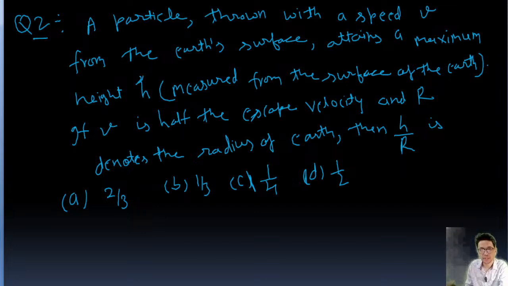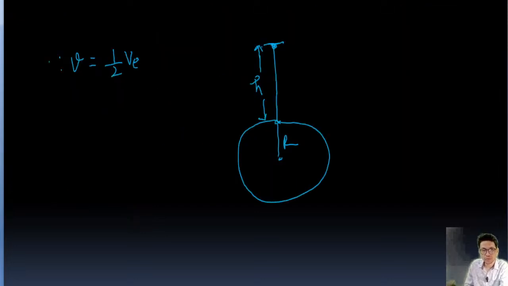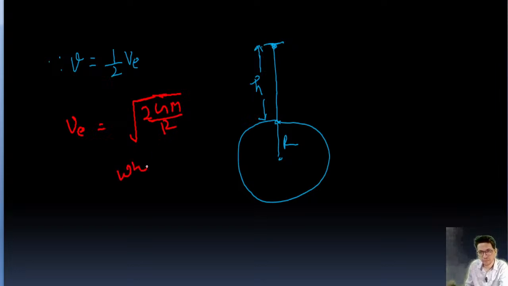V is half of the escape velocity, and you should know, guys, the escape velocity v_e is under root 2GM upon R, where M is the mass of earth and R is the radius of earth.